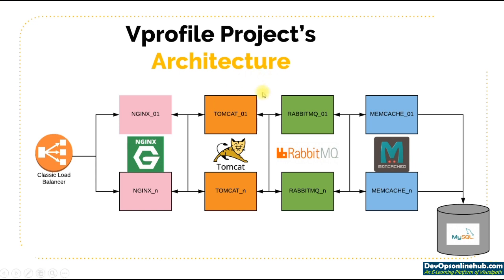But all that login information is stored right there in the database. And you don't have a direct connection from TOMCAT to MySQL. We have RABBITMQ, which is a queuing system, or you can say it's a broker which is going to queue the request before sending it to MySQL.